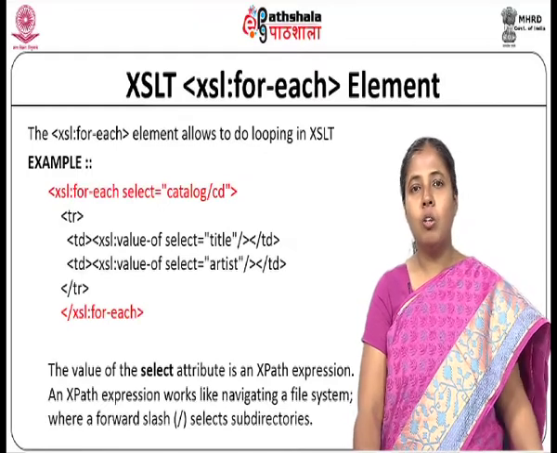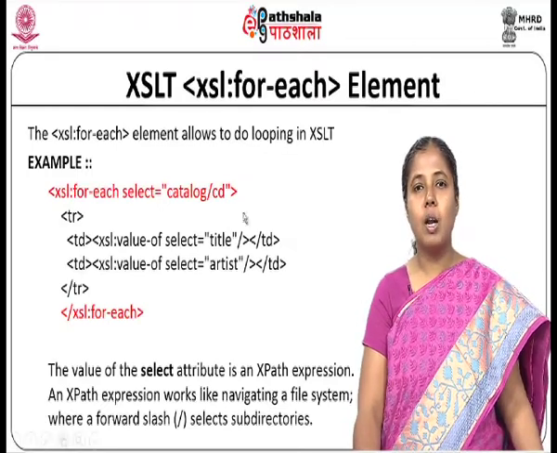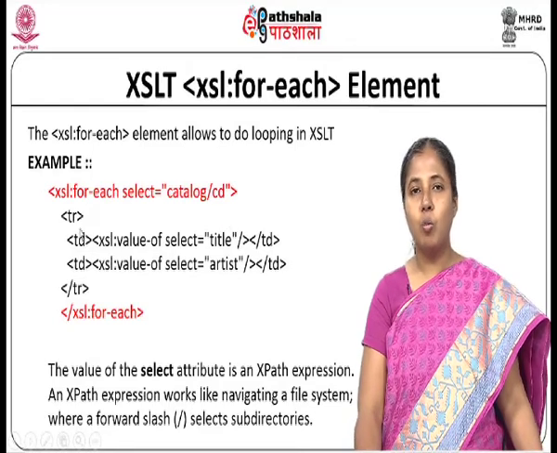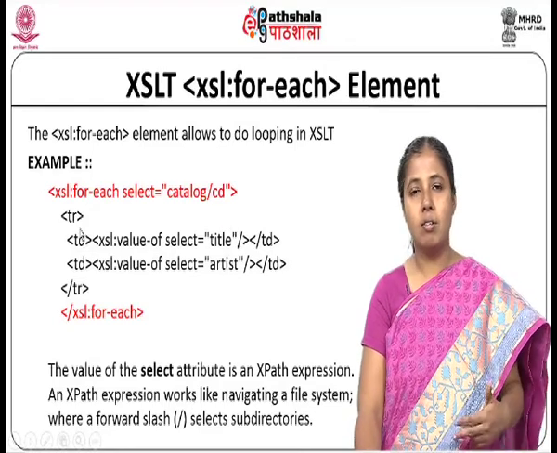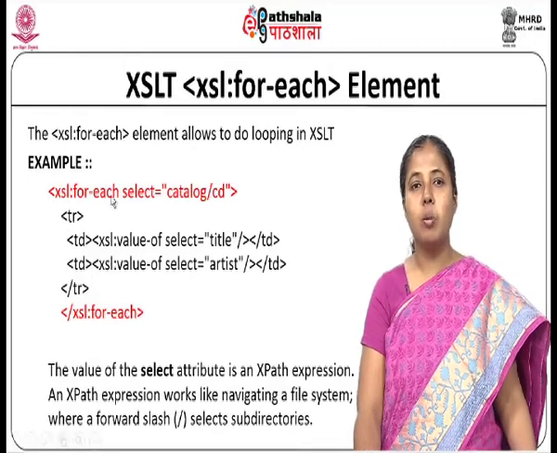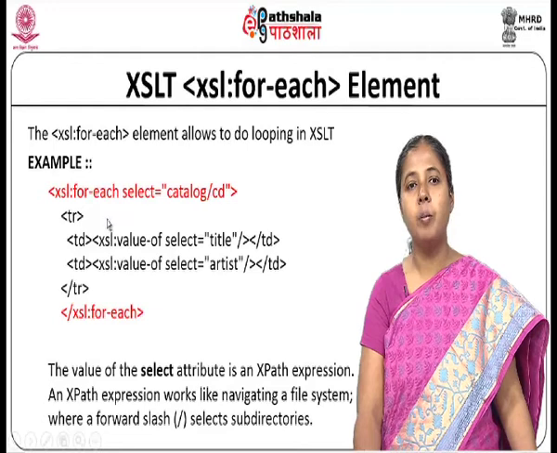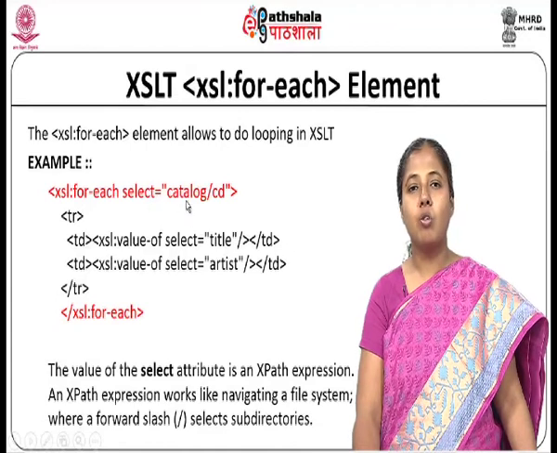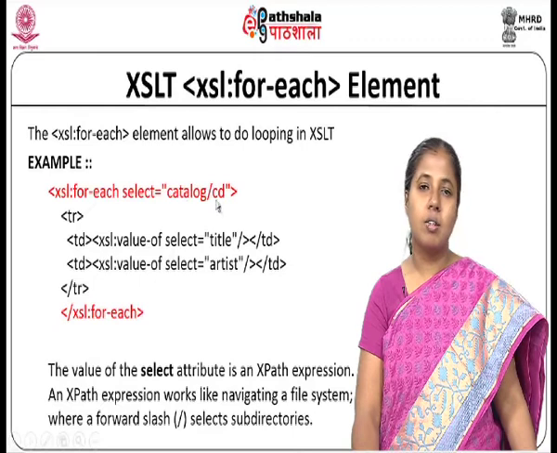And then coming to the for-each element. This element allows you to do looping in XSLT. If you want to read the title and artist of all CDs, you can make use of the for-each element. With the same code, the for-each select given here wants to traverse the path catalog/CD.